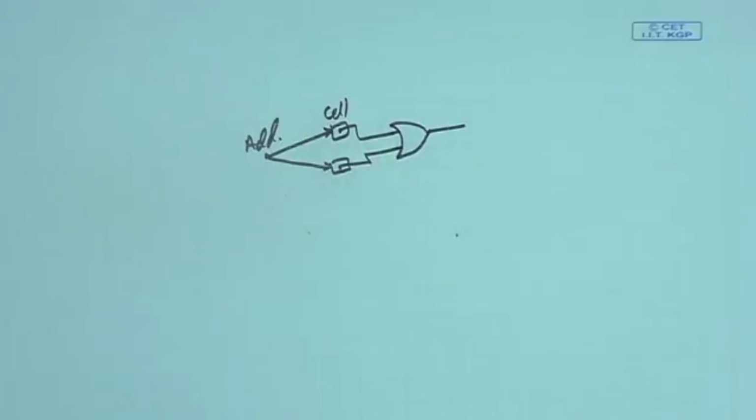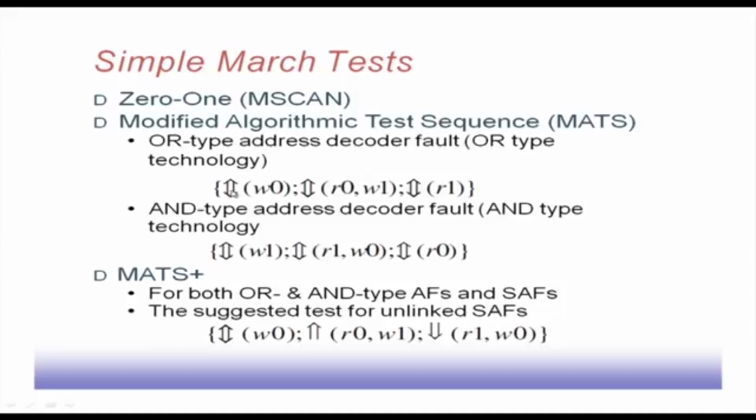For this type of technology, the sequence shown here in this MATS sequence is as follows. First you initialize the entire memory with zeros, write 0. Then we check individual memory locations for a read of value 0, and then we write a 1, and after that we expect that when we read, we will get a 1.